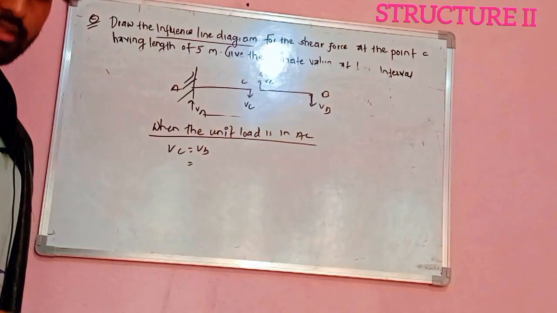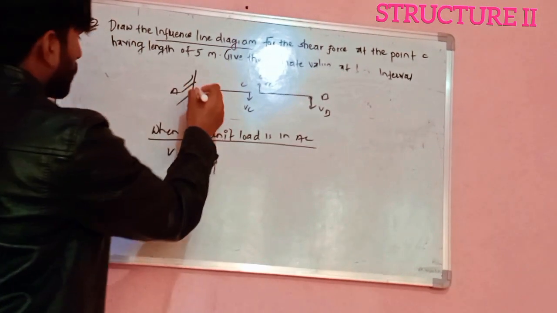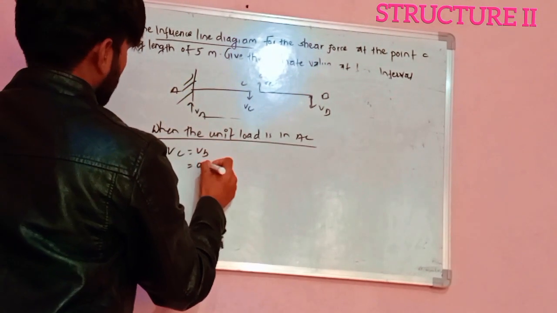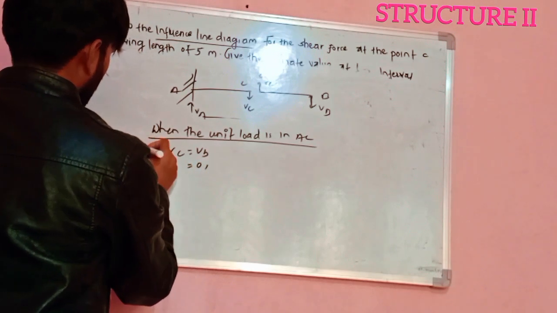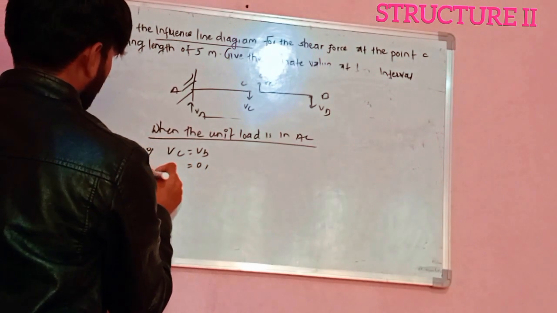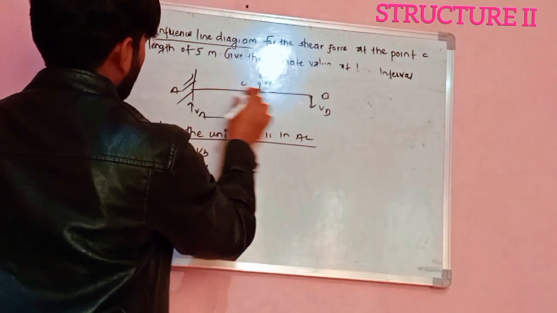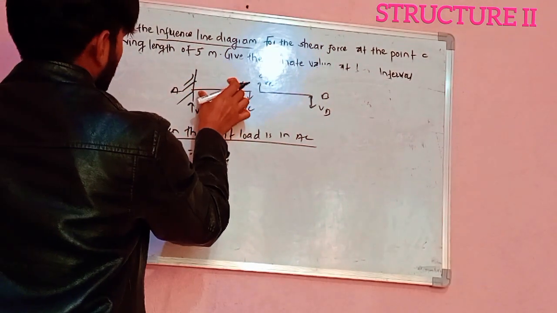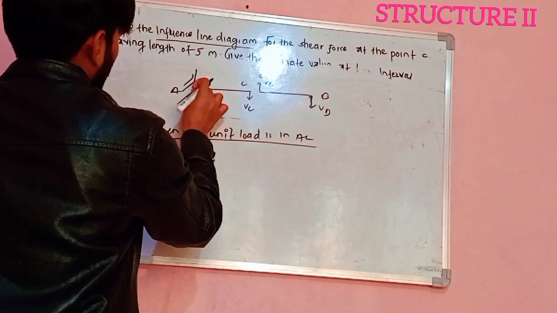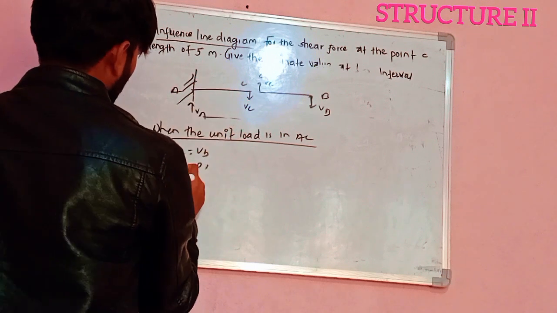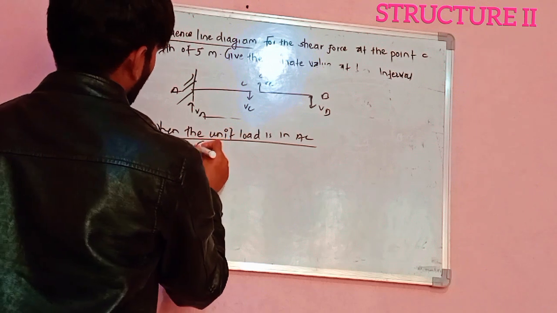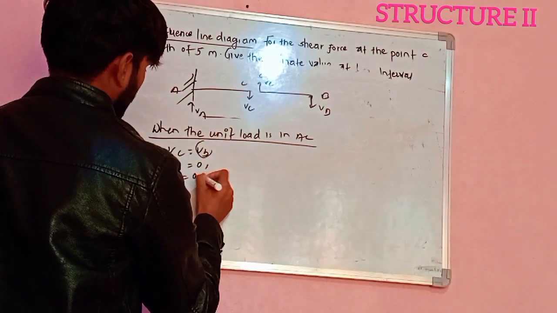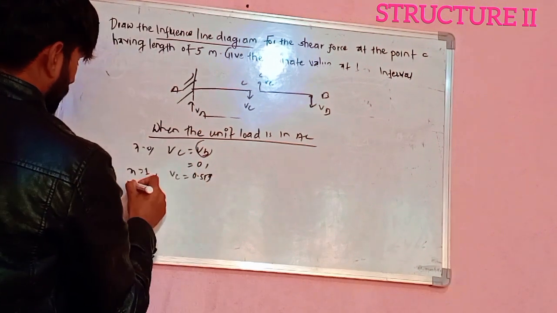When the unit load is at X equal to 0, BC becomes 0. We are considering this portion because the unit load is in this portion. So when the unit load comes at 1, what will be the value of VB at 1? That is 0.559, I guess.